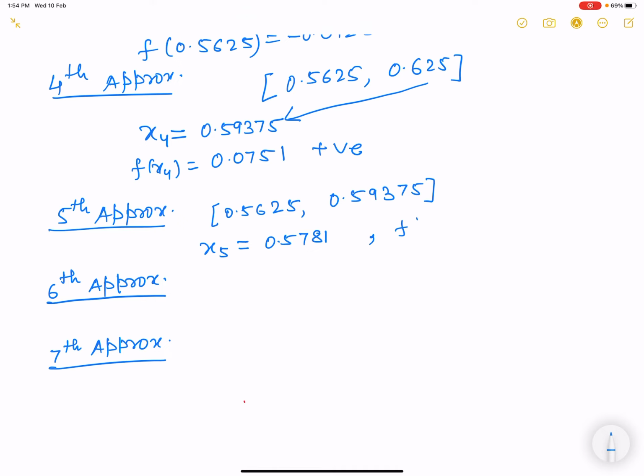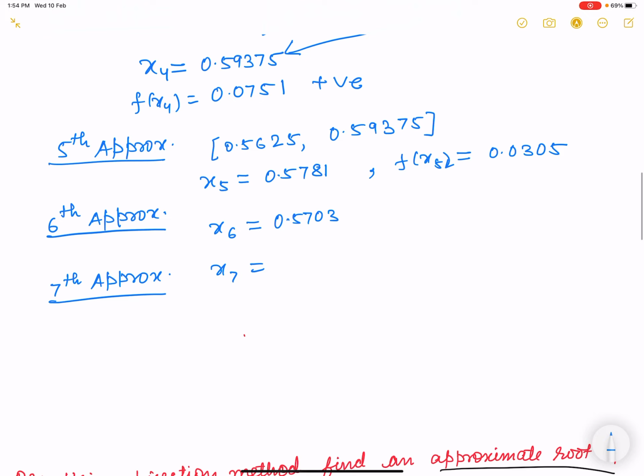Similarly, we find the value of the function at x5, and this comes out to be 0.0305. Similarly, we have the sixth iteration, which is 0.5703, and the seventh iteration, which comes out to be 0.5664.